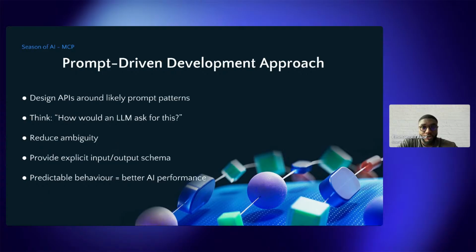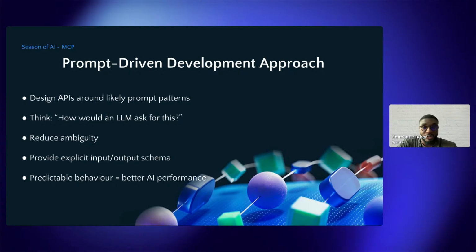So, prompt driven development approach. A lot of us use Gemini, ChatGPT, Claude, Perplexity, and the like, a lot of LLMs out there. But one thing we need to know is how we prompt these things and how they give us replies.